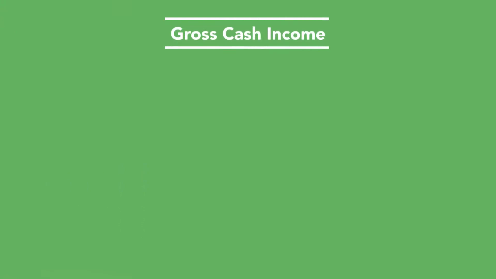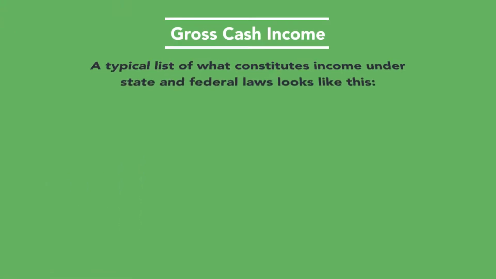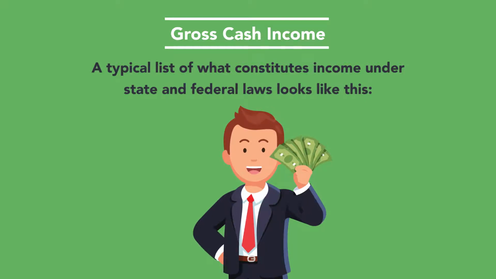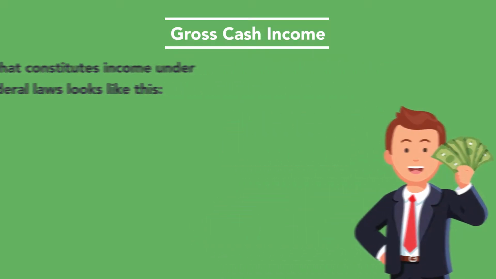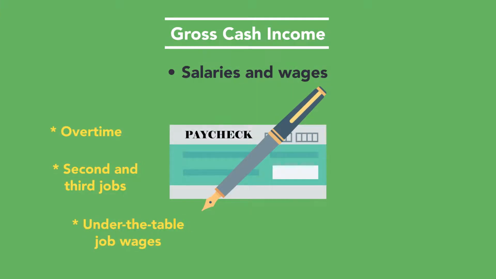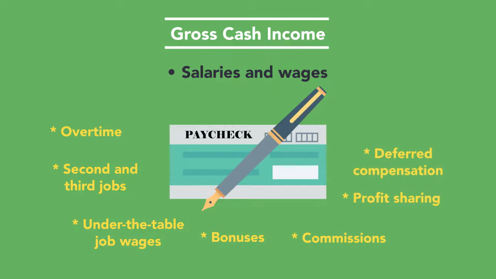We will start with gross cash income. A typical list of what constitutes income under state and federal laws looks like this. Salaries and wages. These include overtime, second and third jobs, under-the-table job wages, bonuses, commissions, profit sharing, deferred compensation, severance pay, and so forth.